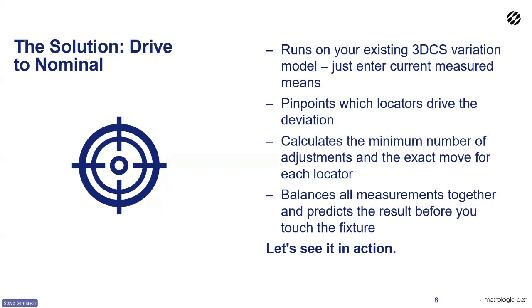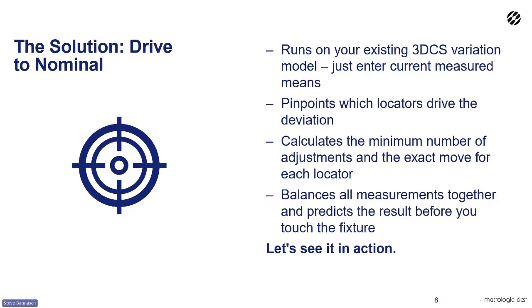The solution: Drive to Nominal is a new capability within 3DCS that transforms dimensional analysis into actionable guidance. Using your 3DCS variation model, simply enter the current measured means of your assembly.